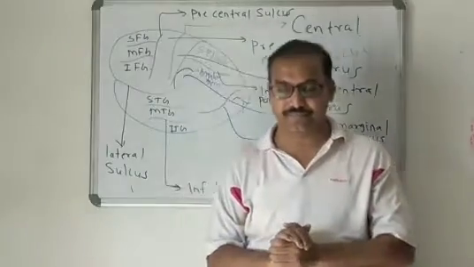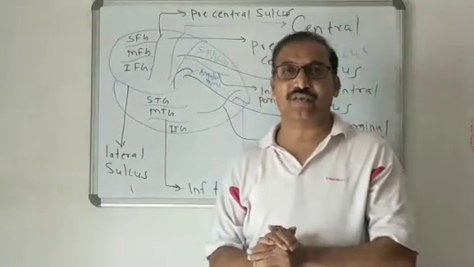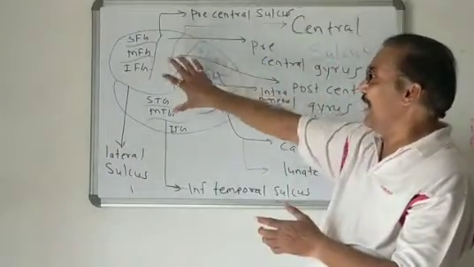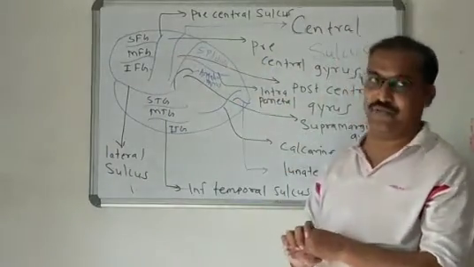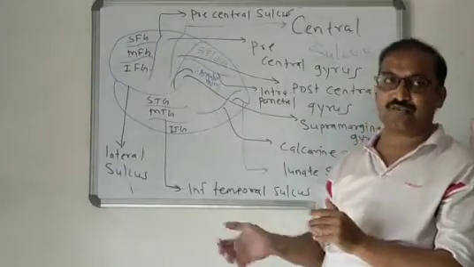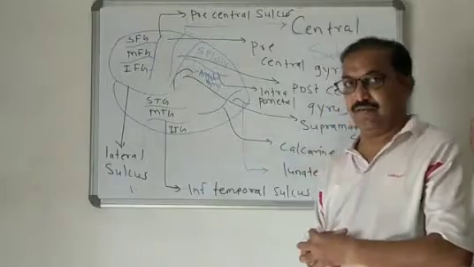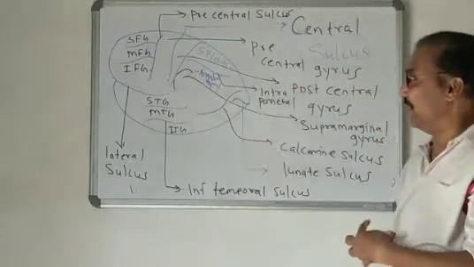Gyri is the plural and gyrus is the singular. Now see, this is the superior lateral surface of the cerebral hemisphere. It is a convex one. It is related with the inner aspect of the skull. It is covered by dura mater, remember.